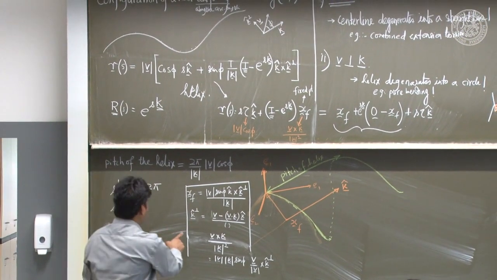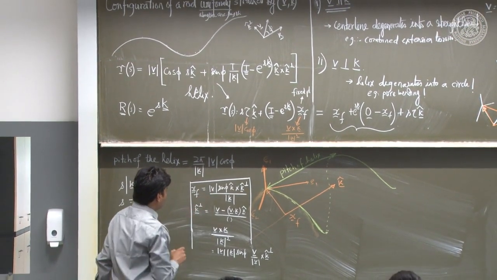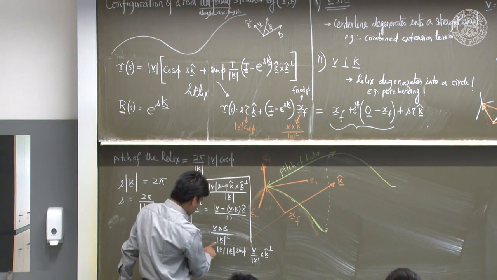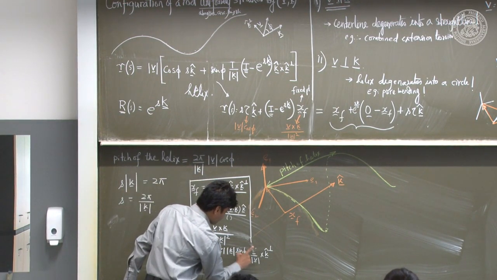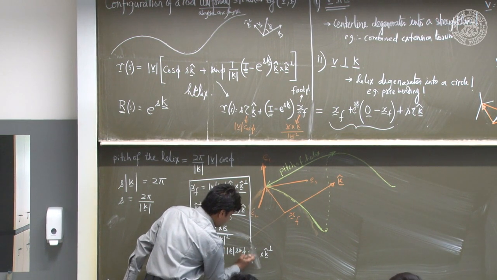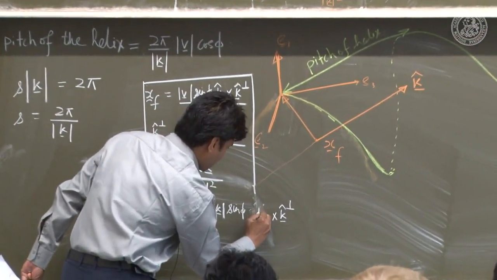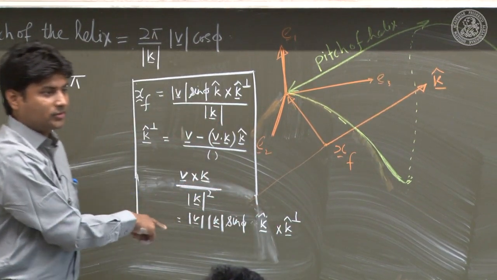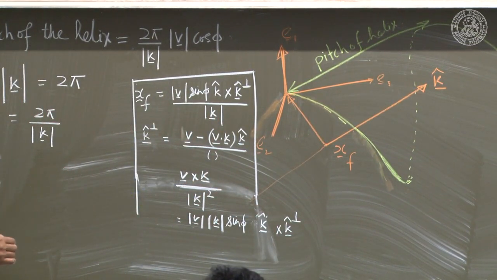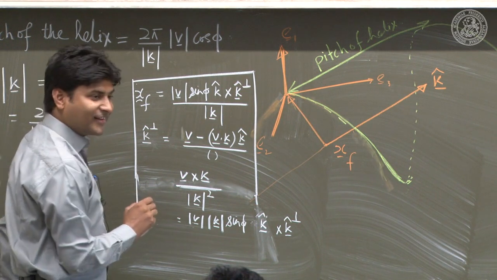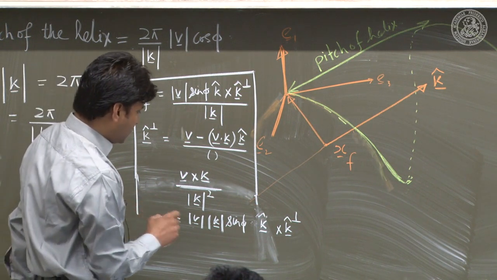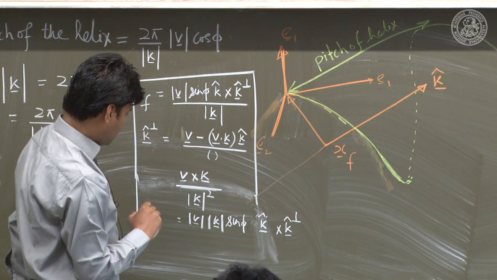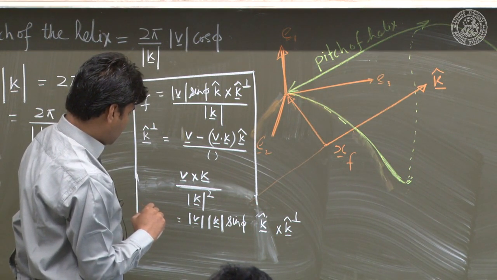Yeah, because I want to compare this with this number. K hat, yes, of course. Because they are perpendicular, so it's simply this. They are both unit vectors. No, the magnitude of k is you divide by that thing squared.